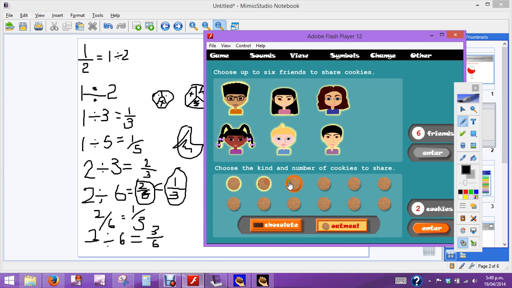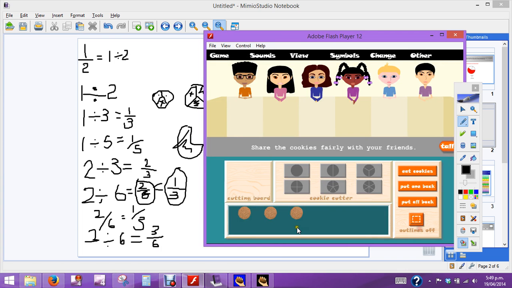One, two, three. Okay. Now I can either divide each cookie up into 6 and split out 1/6 each. First cookie gone evenly. Everybody's the same, so let's do the same with the next cookie. 6 pieces, easy.